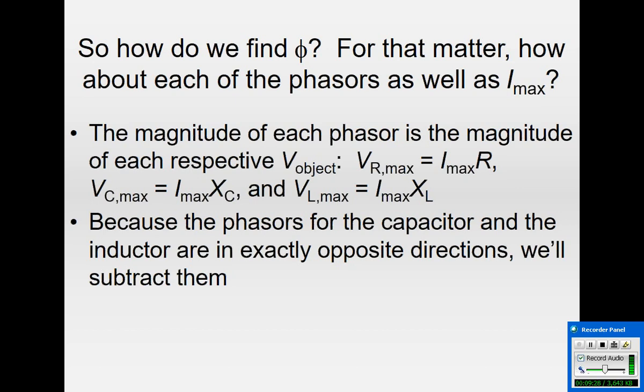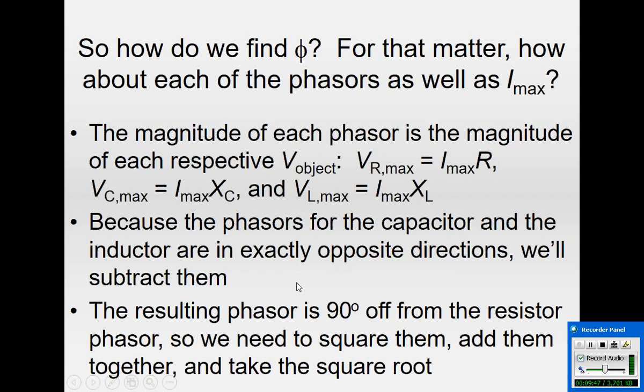And so when I want to come up with a numerical value for, say, the phase shift phi, the contribution between the inductor and the capacitor is simply a matter of subtraction because they point in opposite directions. The difference between the voltage across the capacitor and the voltage across the inductor is going to be 90 degrees out of phase with the voltage across the resistor.